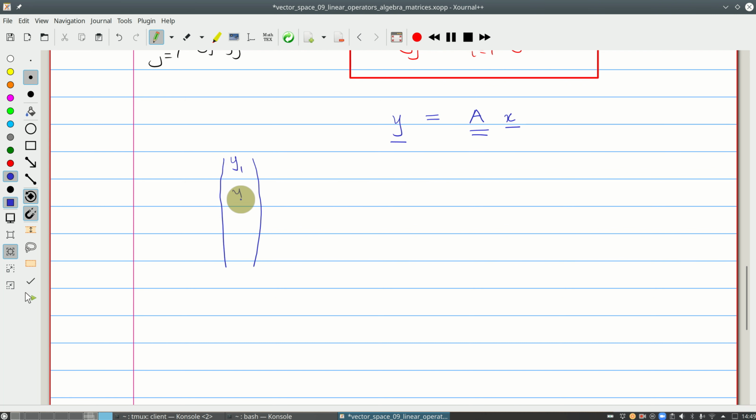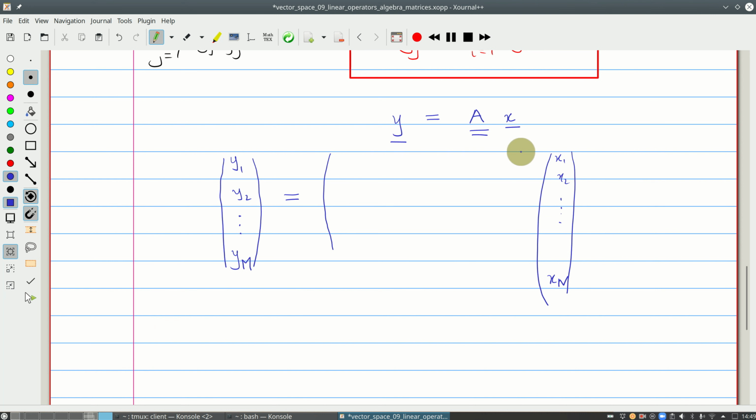So y1, y2, all the way to ym, is equal to, let's say, this is the vector x, x1, x2, all the way to xn.